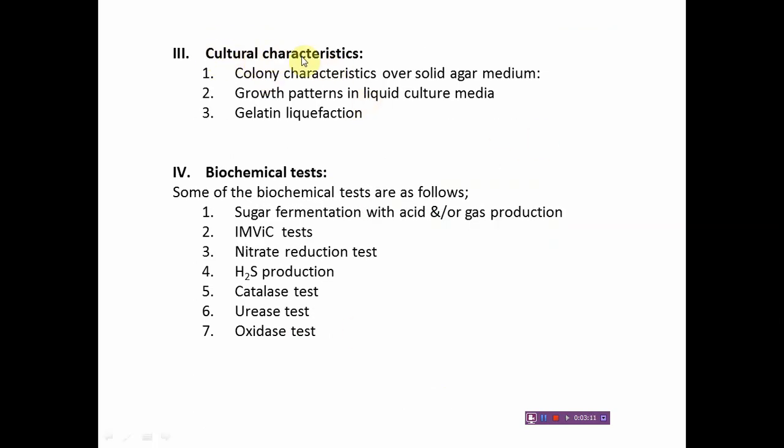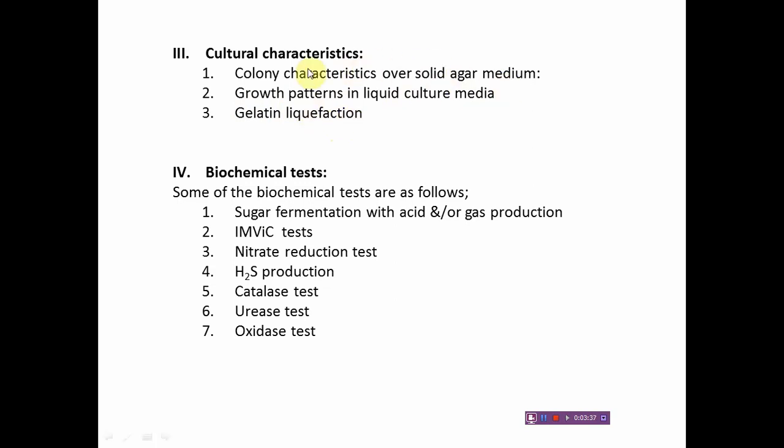Sometimes identification is done easily by recording the cultural characteristics of the unknown bacterium. It involves study of colony characteristics over solid agar media, study of growth patterns in the liquid culture media, and a recording of gelatin liquefaction patterns of the unknown bacterium.